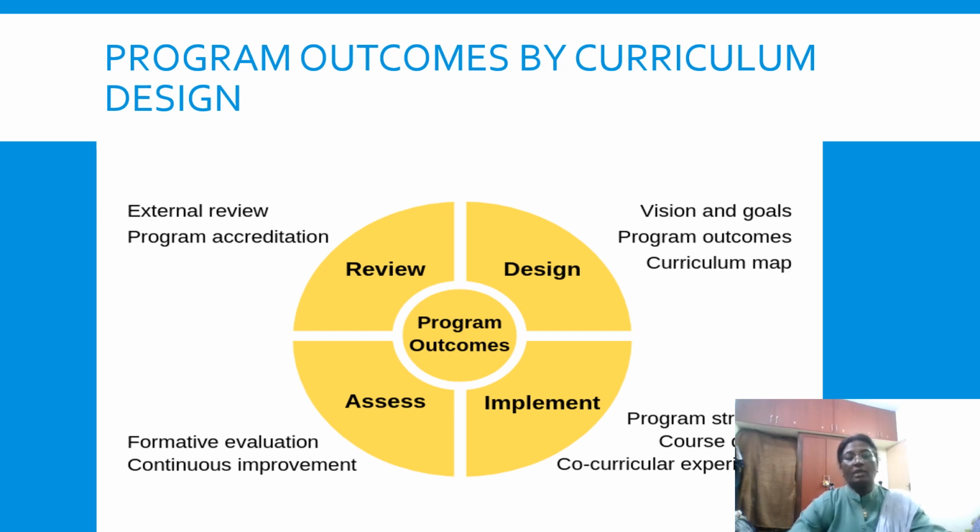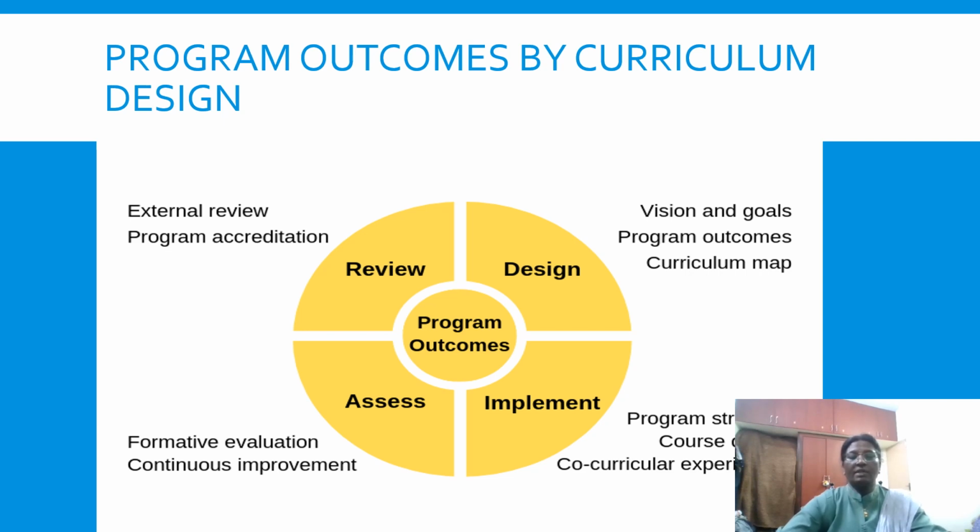Assessment: when you come to the assessment part, there is formative evaluation and continuous improvement. With formative evaluation, you do different, frequent evaluations of the students in different aspects, at the objective level, short answer level, descriptive level, and so on.